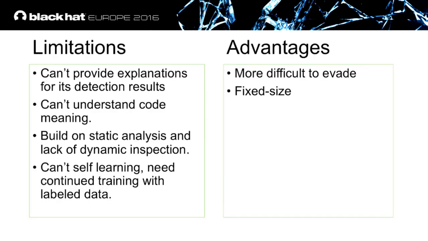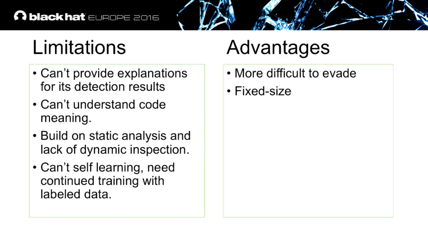Yes. Let's talk about the limitations. First, deep learning can't provide explanations for its detection results. SVM can do it, but deep learning can't. It is because there are too many parameters in the hidden layers.